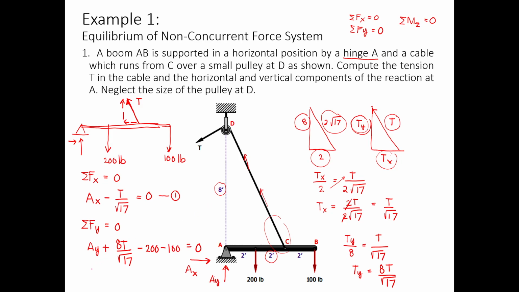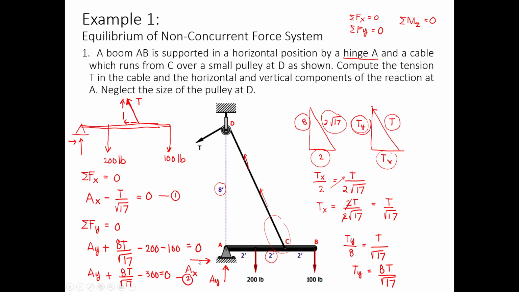So combining the equations, we have Ay plus 8T all over square root of 17, and then minus 300 equals 0. So this will be our second equation.